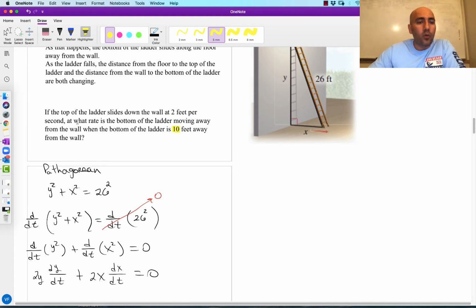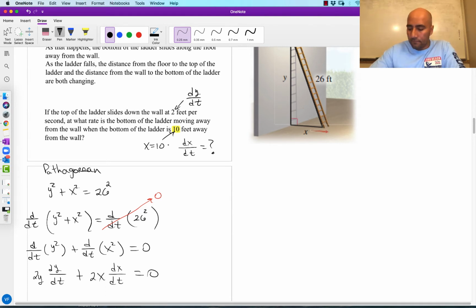They want to know what is the rate of the bottom of the ladder moving. Okay, so dx dt is the question mark. That's what they want to know. And dy dt is what they gave us. They gave us an indication of how the y variable is changing with respect to time. They want to know how the x variable is changing with respect to time. And this is at a point when x equals 10.